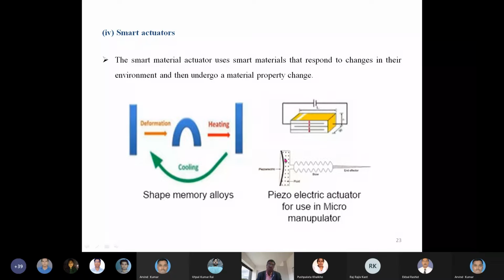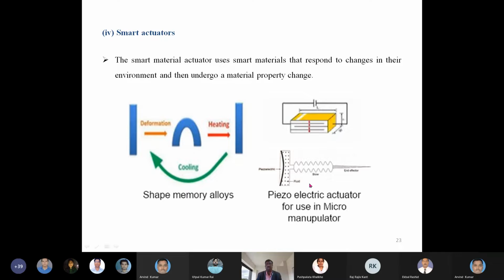It has the shape memory alloy material, and this shape memory alloy material has a control, and when it is being controlled, it automatically enlarges. Whenever it enlarges, it compresses the fluid chamber, and the medicine will be injected through the needle into the particular part of the human body.